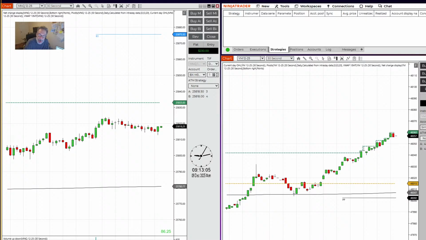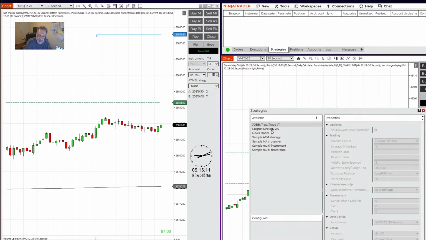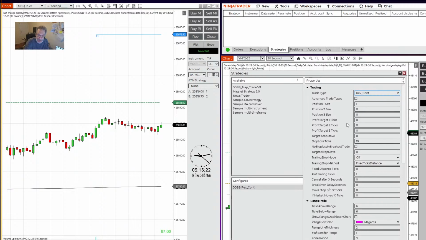First things first, YM, we'll put a reverse continue on the chart. Right click strategy, right click news trader, change the breakout to reverse continue. And just trading one position this morning on the YM, a profit target of 30.